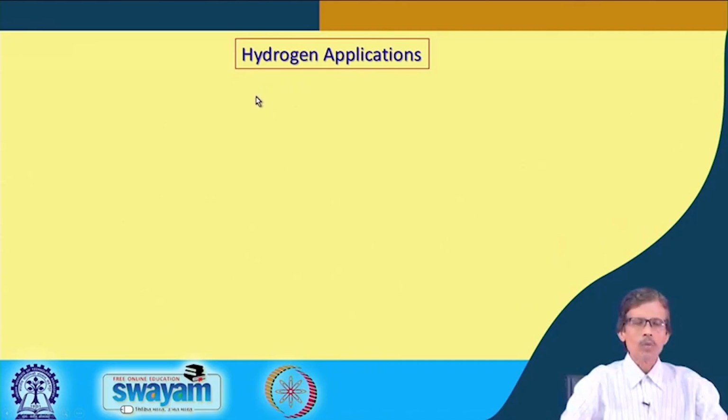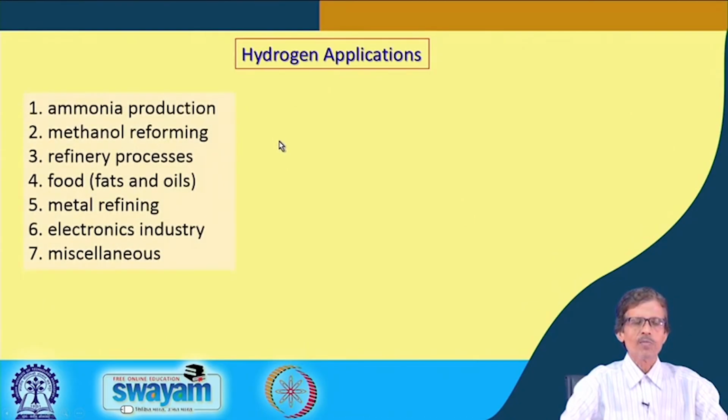So, the application of these different things is that, as I told you, it can be utilized for ammonia production. How? As we have seen, if we have a good source of CNG or a source of methane, we can break that methane molecule or oxidize it for the production of hydrogen.